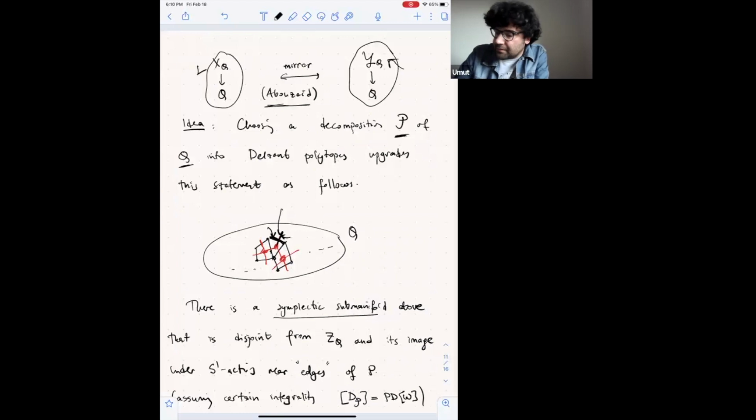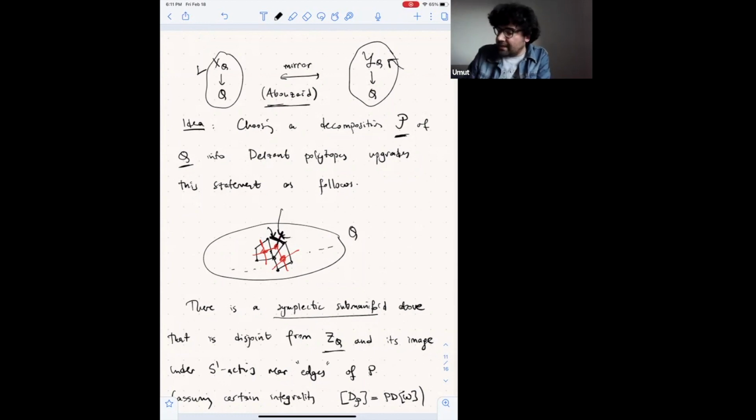And there's Mikhalkin's work, or there is also some new work by Vianna and Casals, where you can also glue these things together. The only requirement that you need is some kind of balancing condition, which I'm not really spelling out. And somehow you can construct the symplectic submanifold such that it's disjoint from the zero section Lagrangian that I constructed.